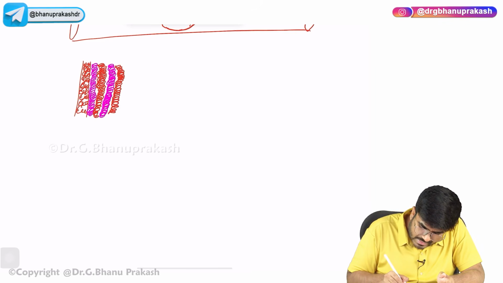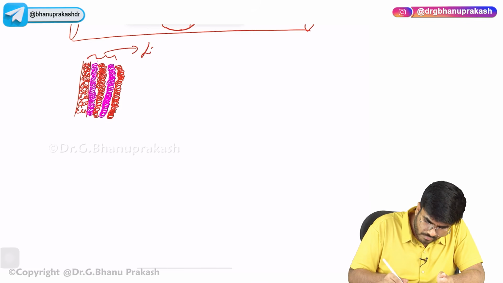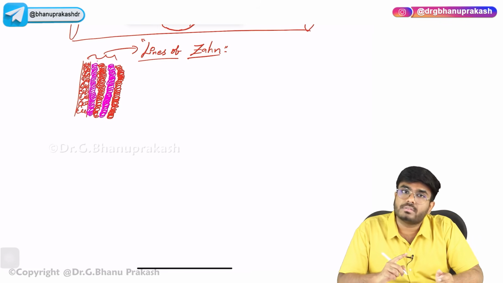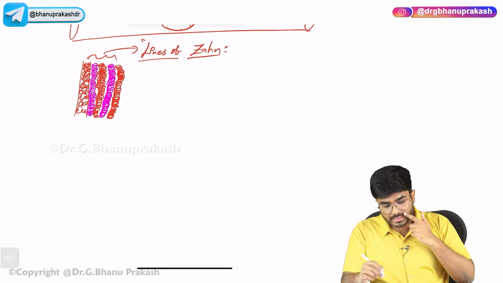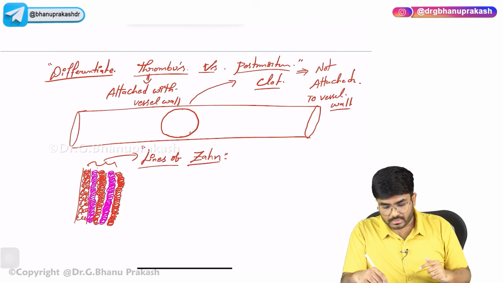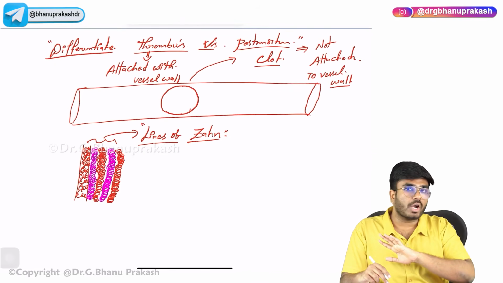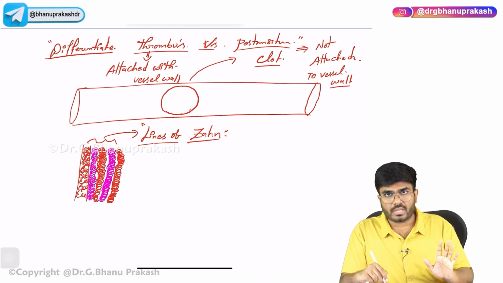This is called the lines of Zahn. Lines of Zahn are seen in thrombosis, not in the postmortem clot. So with this I can differentiate whether it's a postmortem clot or a thrombus. Two things: attached to the wall, not attached to the wall; lines of Zahn present, and lines of Zahn not present in postmortem clots.